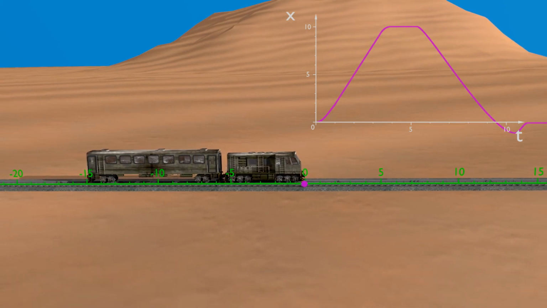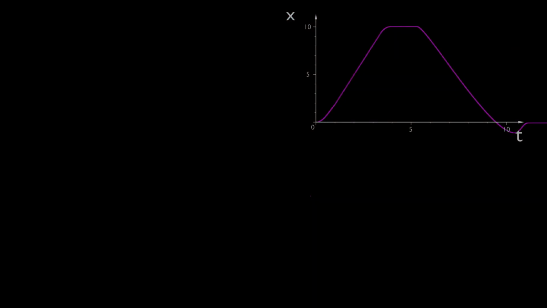Let's take a closer look at the graph. I want to calculate the average velocity between the points t equals 1 second and t equals 3 seconds. So let's just label that P1 and P2. So the average velocity is the change in x over the change in time. This may or may not look familiar.